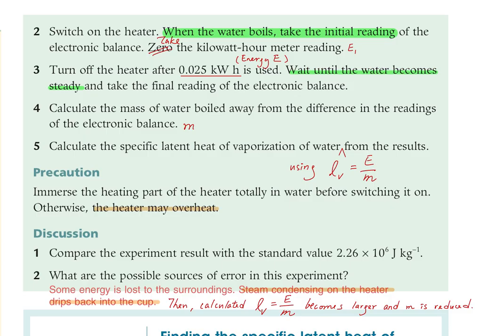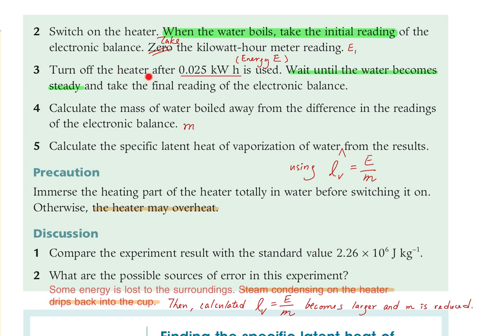This setup is a bit simpler than the one for latent heat of fusion, and yet there are some precautions, such as we have to wait until the water becomes steady before we take the final reading of the electronic balance.